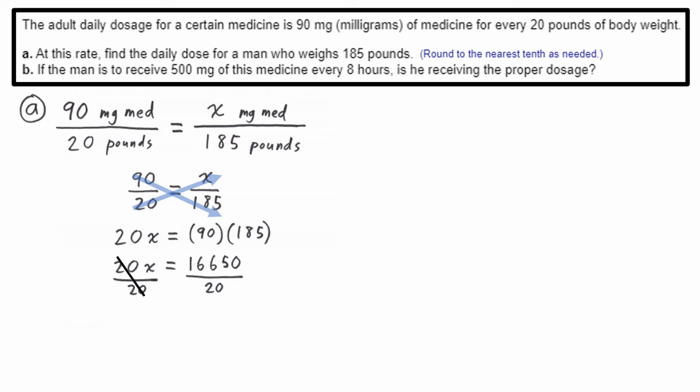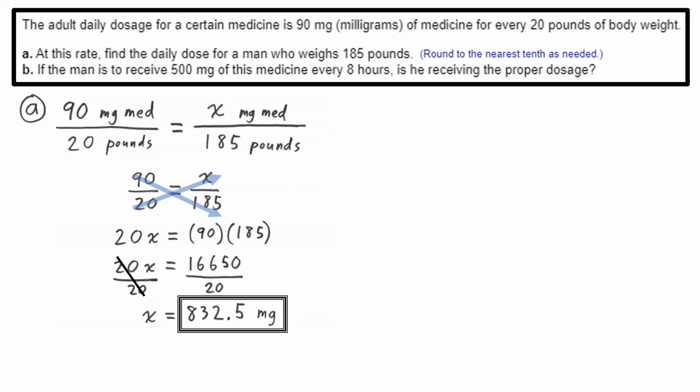The top divided by the bottom, which gives us X equals 832.5. Because this is a word problem, we want to be sure to pay attention to the units. And so we were finding the milligrams. And that's the answer for part A.